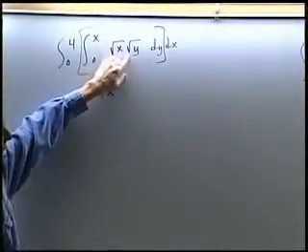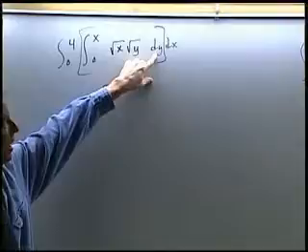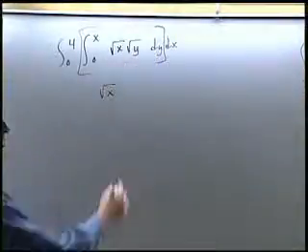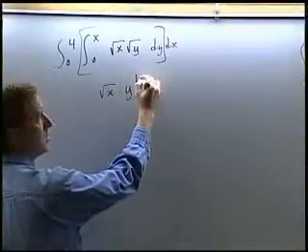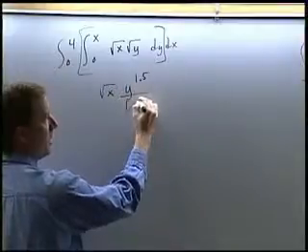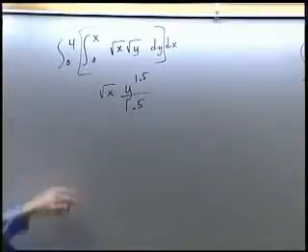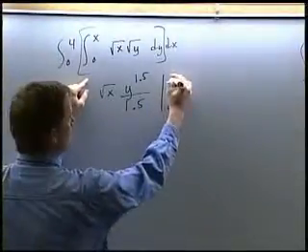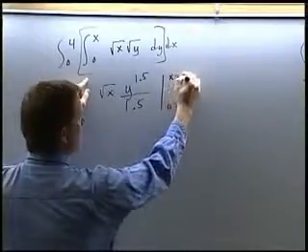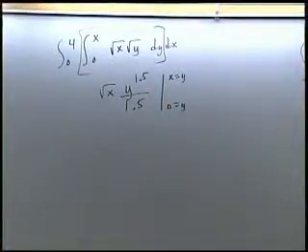Now, what's the antiderivative of the square root of y if y is the variable? It's y to the 1.5 divided by 1.5, sure. It was to the 1/2, so I just add a full unit and divide by the new number. And I want to evaluate this from y equals 0 to y equals x.